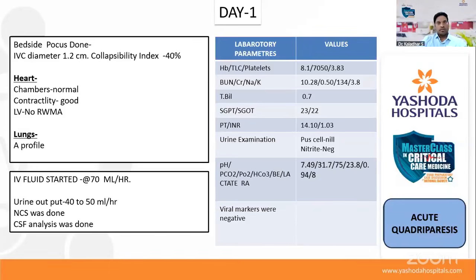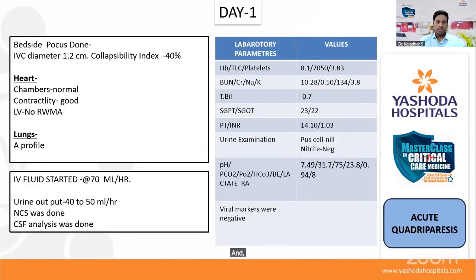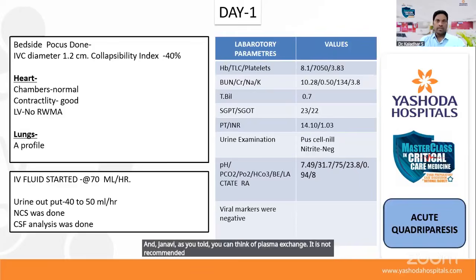So this is what happens sometimes. Any patient, after giving the initial 2 gram per kg dose of IVIG, if the patient is not improving, there is no rationale to give again 2 gram per kg. And Jahnavi, as you told, you can think of plasma exchange. It is not recommended because IVIG may stay for longer periods of time.